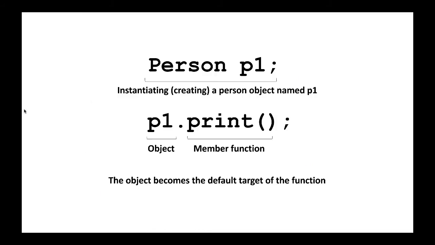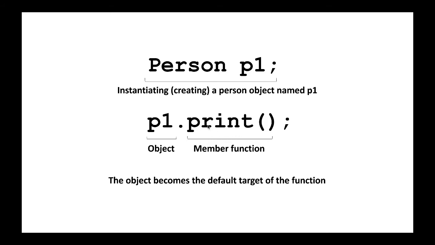So here we are instantiating or creating a person object, and we're naming it P1. Then we are grabbing that object, using our dot operator, and calling the function that belongs to this class. And that function is tied to that object. And like it says here, the object becomes the default target of that function.